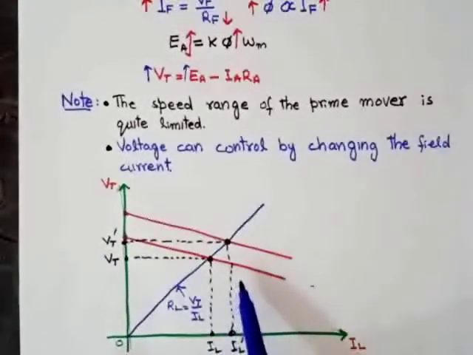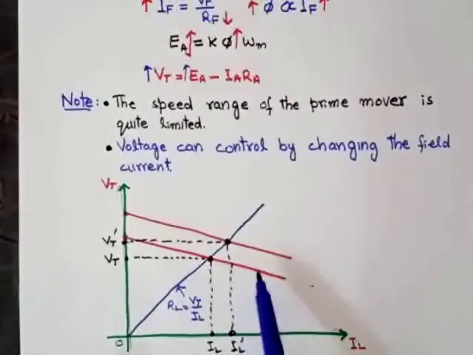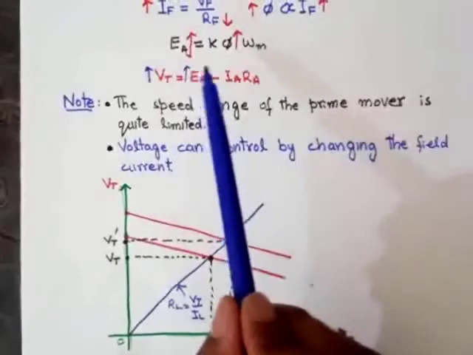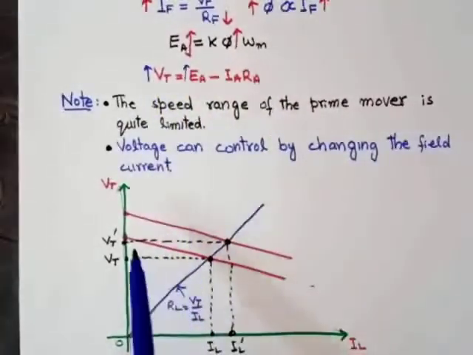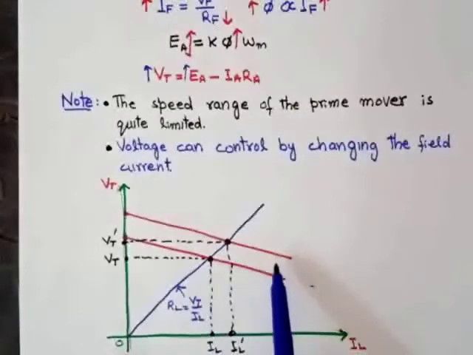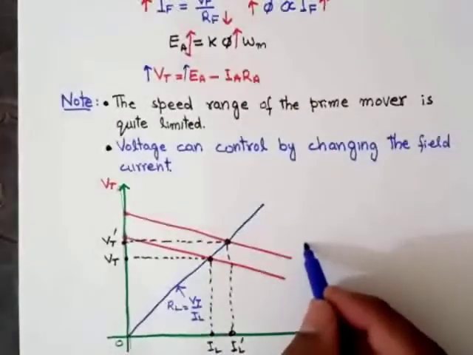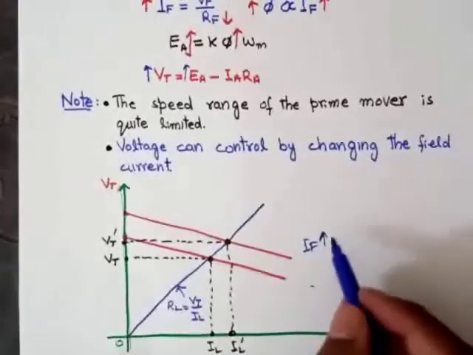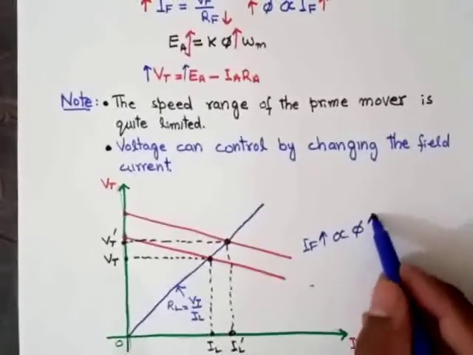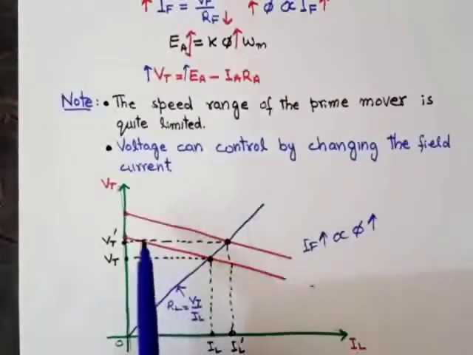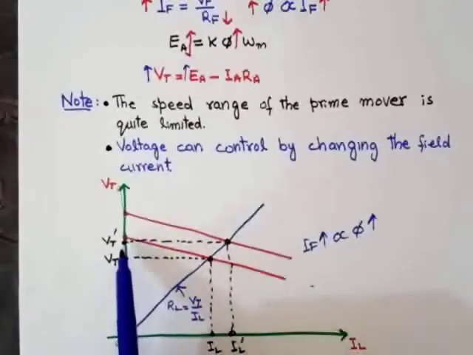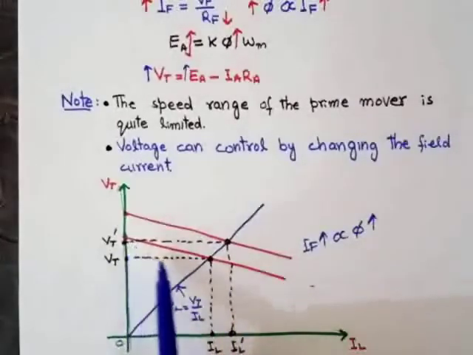If we increase the field current, then due to the increase in flux, the internal generated voltage will increase. When the internal generated voltage increases, the terminal voltage will increase further, as you can see in this graph. This is the graph when we increase the field current. Here the flux is less, that's why the internal generated voltage and the terminal voltage are less.